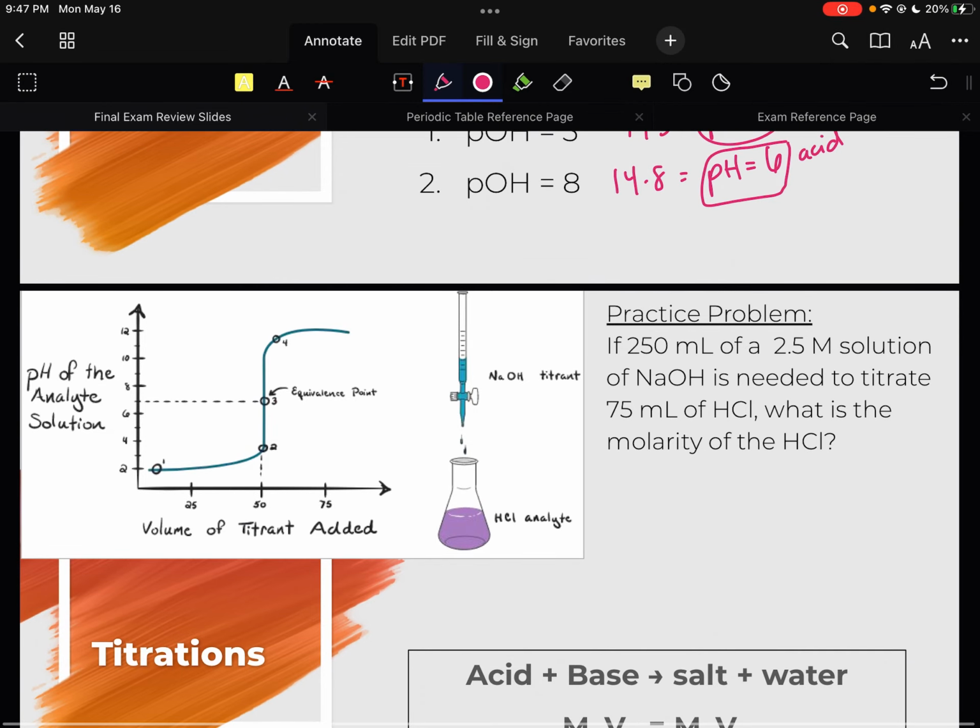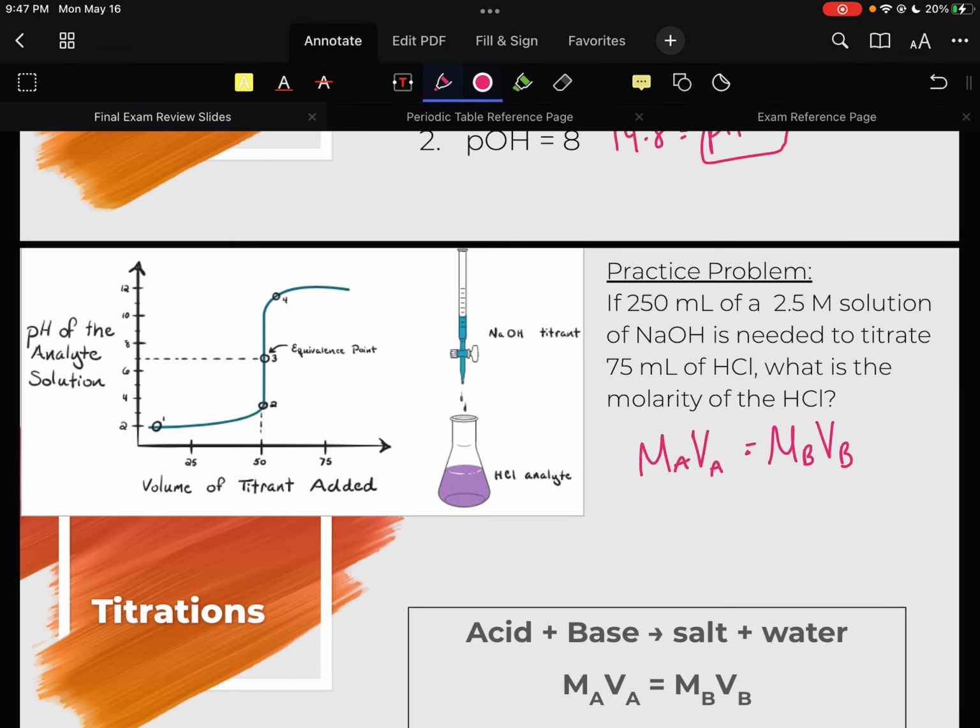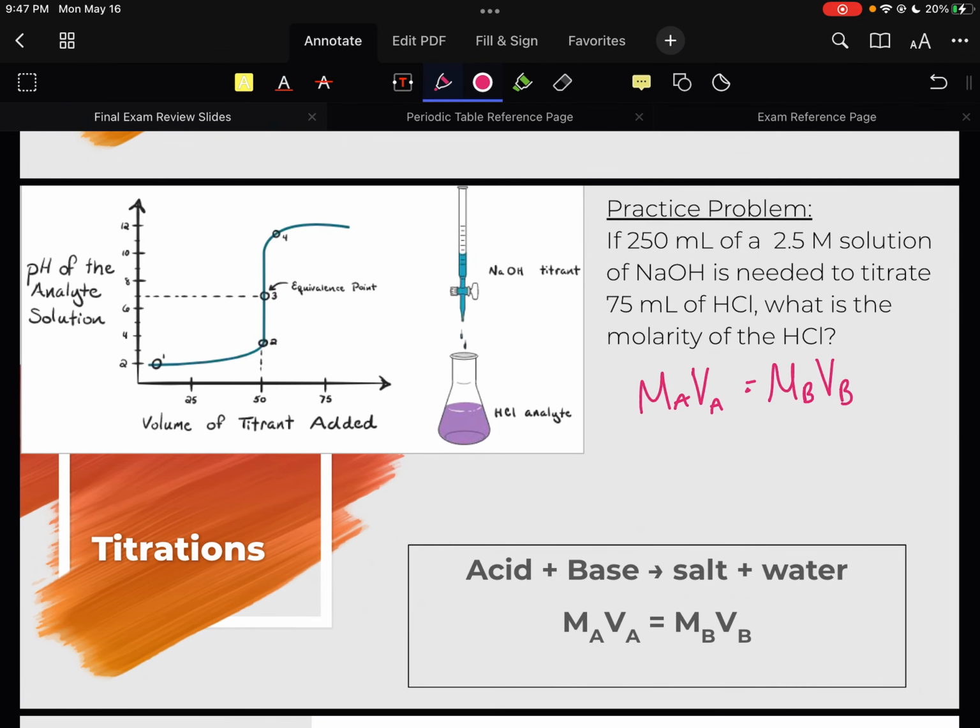All right. Lastly, we have a titration calculation. So remember, this is just where we use a very similar formula to a dilution. Same formula. Basically, we're just using acid and base instead of 1 and 2. So I'm just going to plug in what I'm given. One mistake I saw on the Unit 4 test was just flip-flopping numbers.